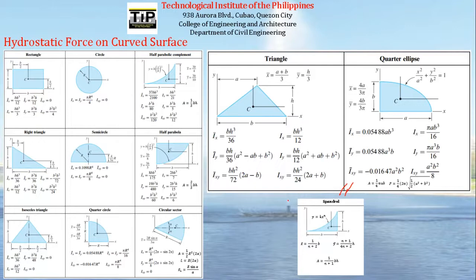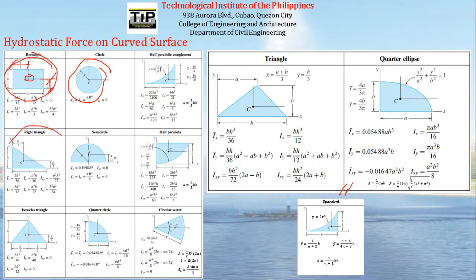Now that's the essence of these tables. At the same time, we can see the centroid, how to get the centroid of these shapes. For a rectangle, for example, the centroid is located here, half the base and half the height.